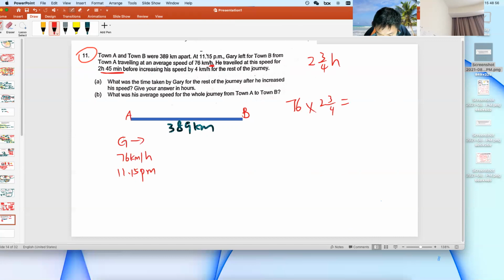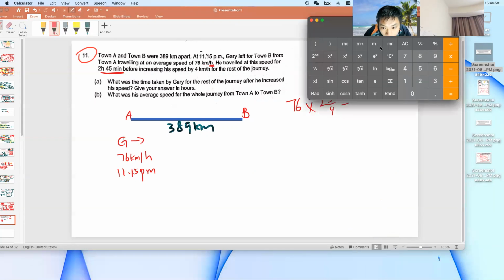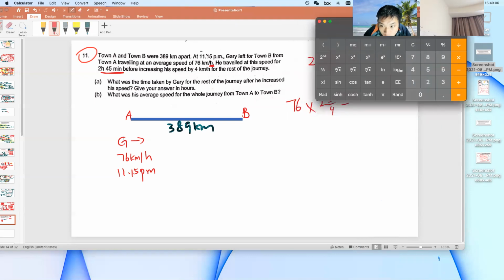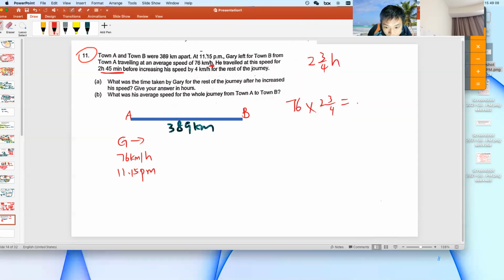Let me use a calculator. So this is 76 times 2.75. So the answer is 209. Okay, good. So basically travel 209 kilometers. So left, this is 180.